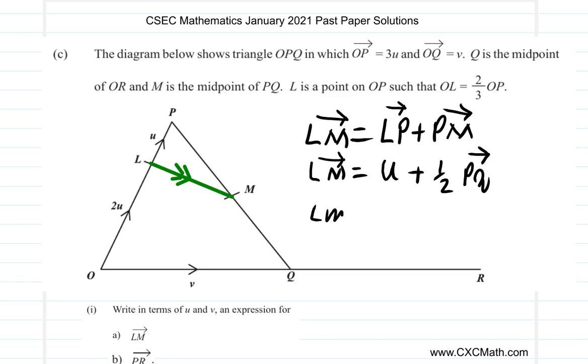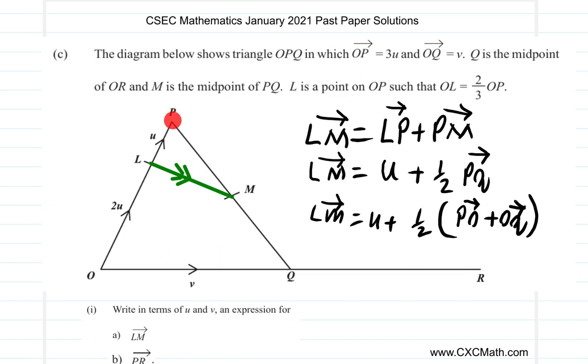So LM is U plus half PQ, which is half of PO plus OQ. You see that? P to M is halfway from P all the way to Q. But what is PQ? P to Q is the same as, you end up the same place as P to O, then O to Q.